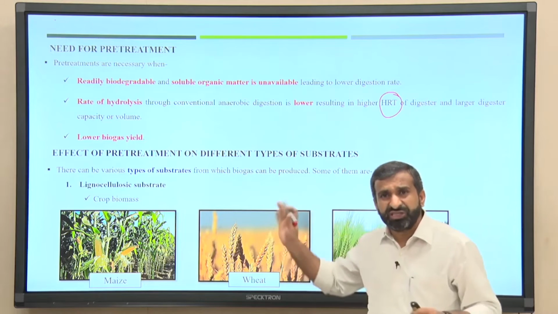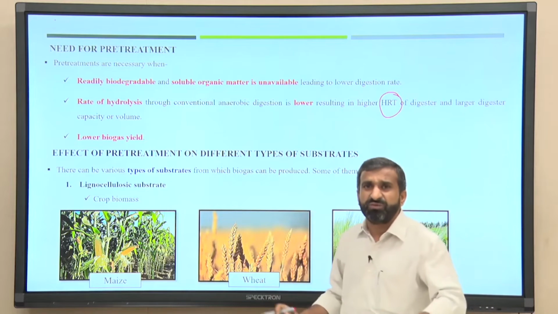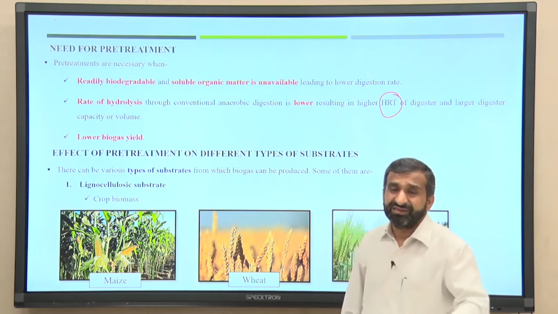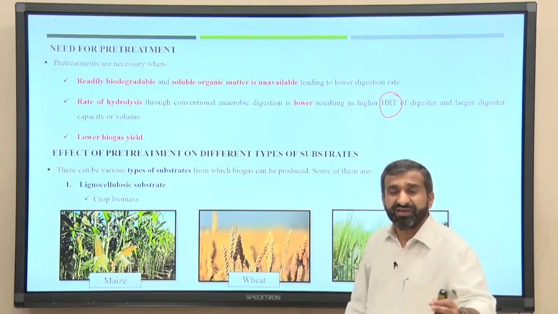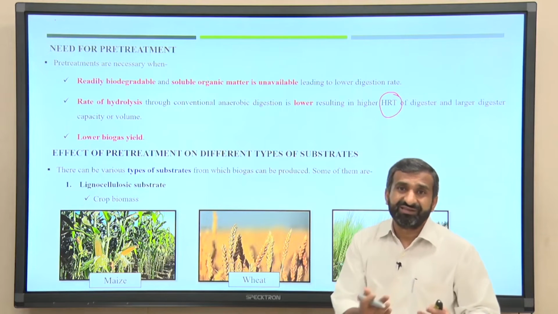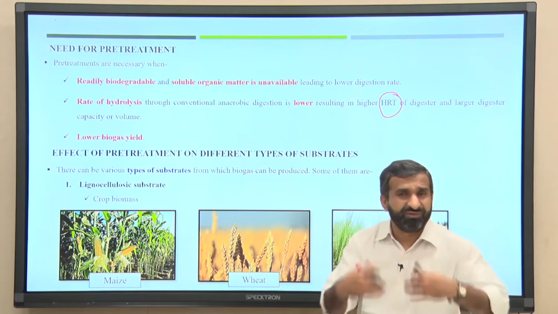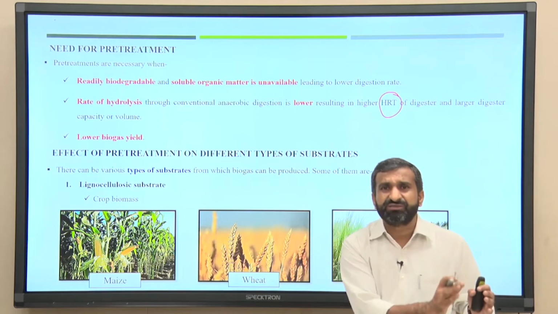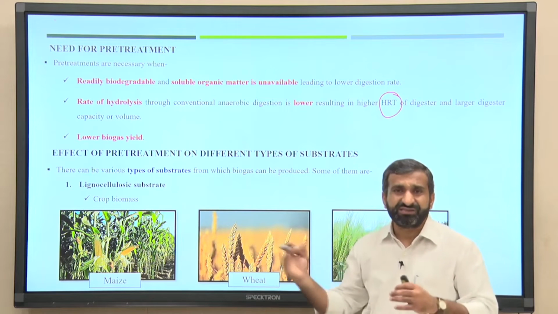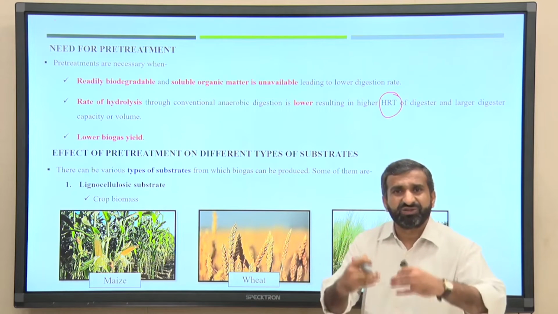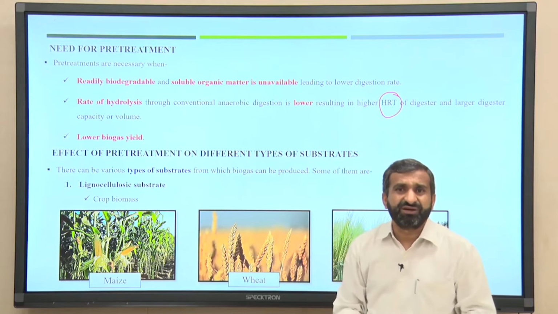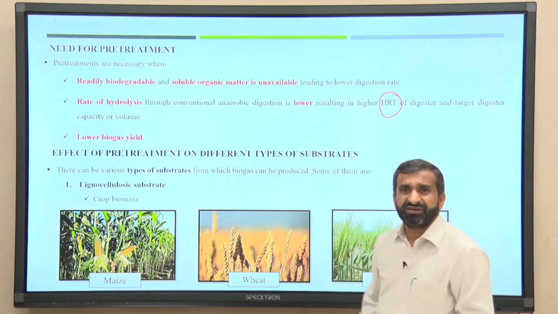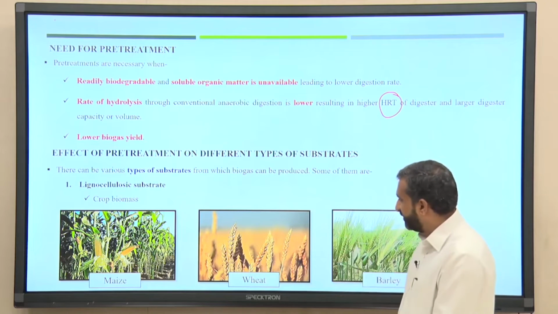So, waste which has more hemicellulose, cellulose or lignin is very difficult to produce biogas from, but it is organic in nature. So it is possible, but you will require a very special kind of treatment process so that these lignin, cellulose or hemicellulose can be converted into an easily available organic form like sugar for microbial degradation.